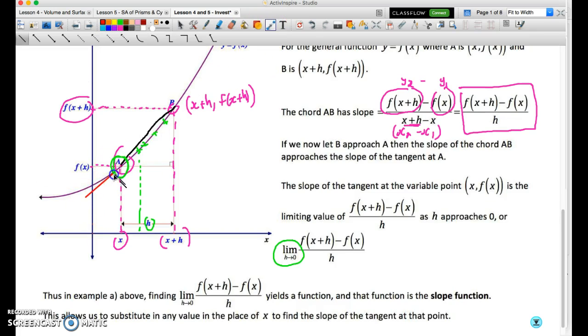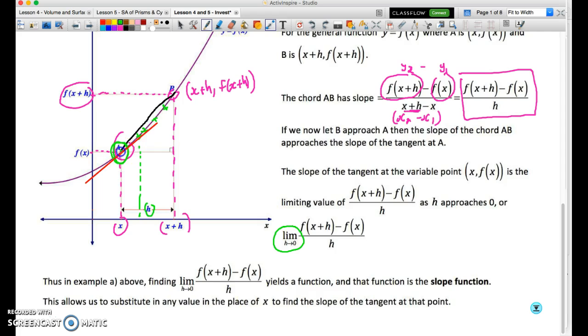And so a tangent is a line which is going to intersect the graph at exactly one point, and that point is going to be point A in this case, because we're looking for the slope at point A. The slope of the tangent at point A is the limiting value of the slope function for chord AB.